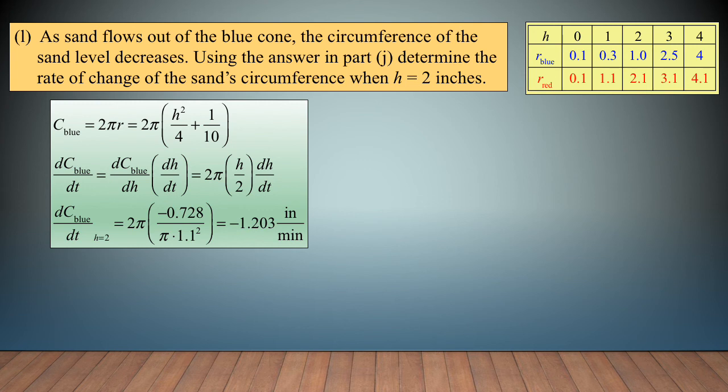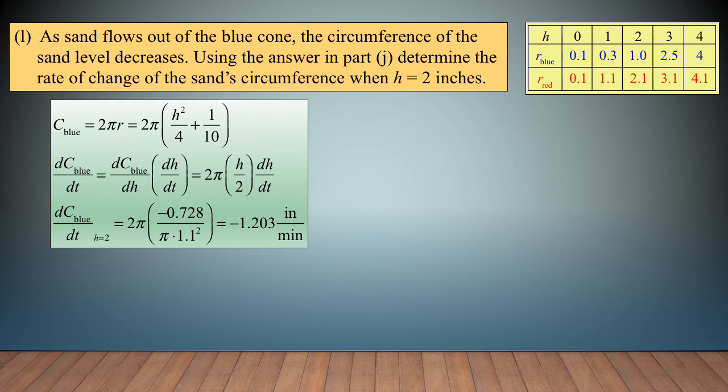2 pi times h over 2 when h is equal to 2 is simply 2 pi. And dh/dt is negative 0.728 over 1.1 squared times pi.